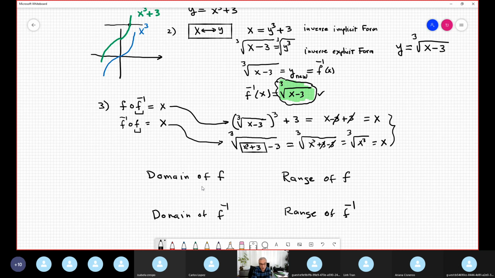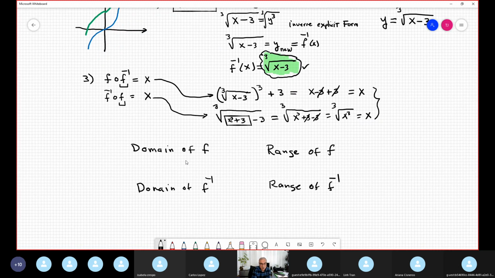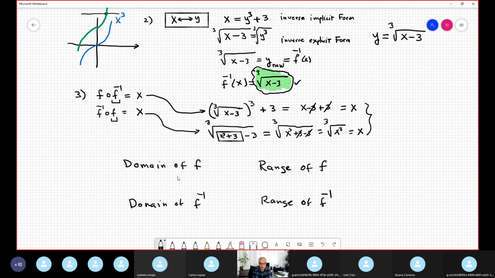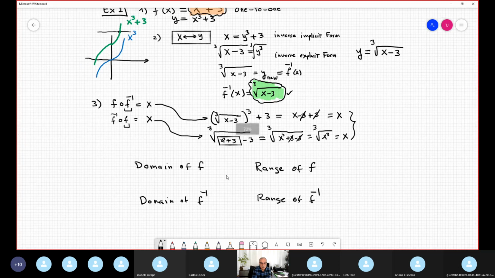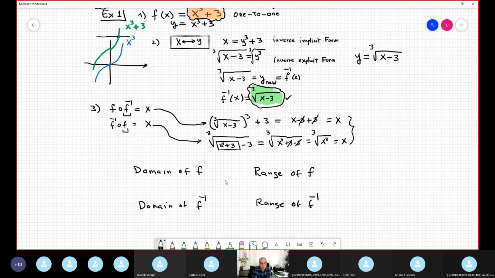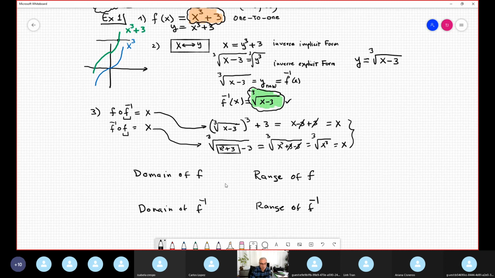Not in this case, but in the majority of functions, to determine the domain we have a systematic way: you detect the restrictions and remove them from the real numbers, and that's it. But the range is complicated. Maybe graphically it's easier to see, but analytically no. So I propose you do it a different way: always do the domain and infer the range. So now the domain of f is obviously all real numbers. It's obvious.